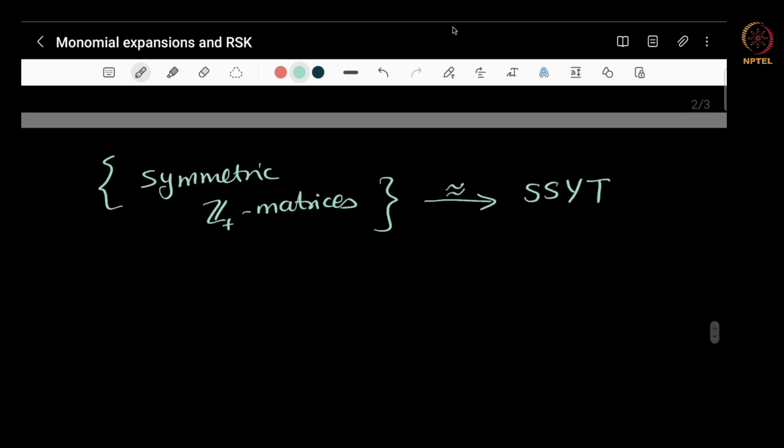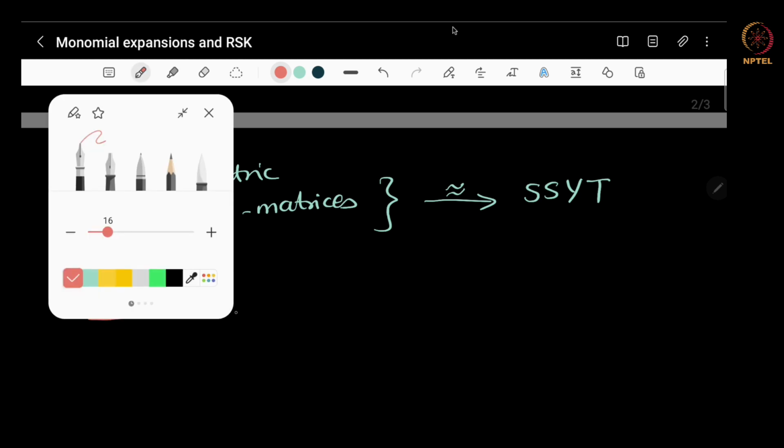And why are we interested in this? Well, if you recall, this RSK was something that we used when trying to look at monomial expansions. So in this context of symmetric functions in infinitely many variables, let's define the same notions that we had before, that of the elementary symmetric functions and the complete homogeneous symmetric functions. So here's my definition.